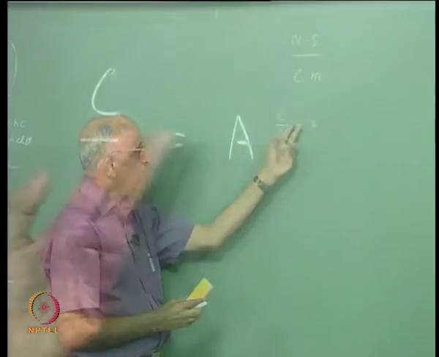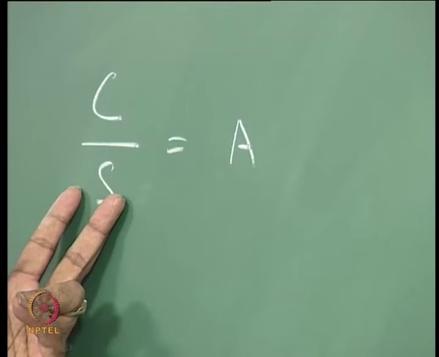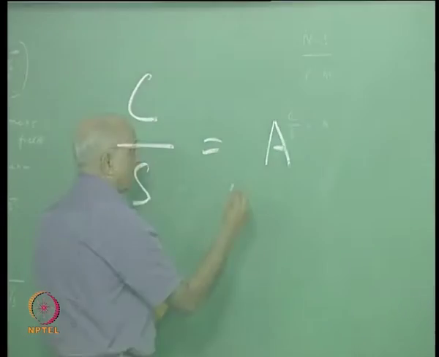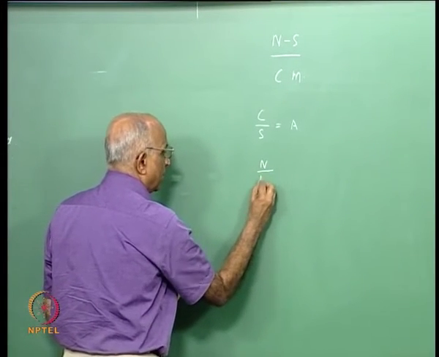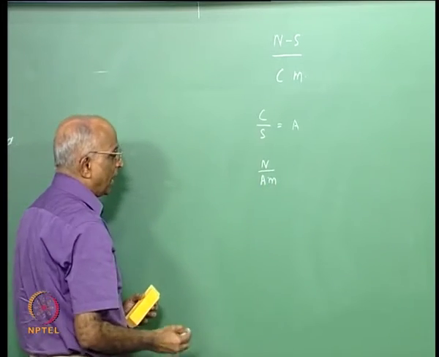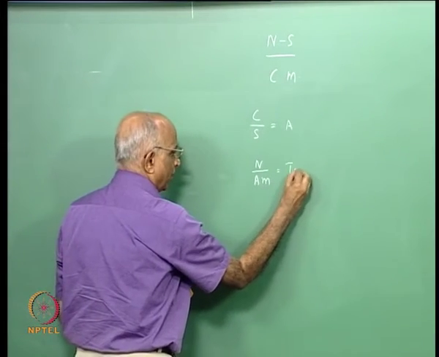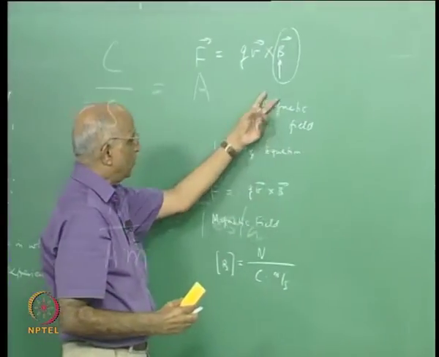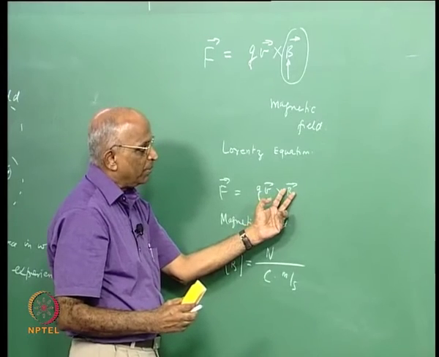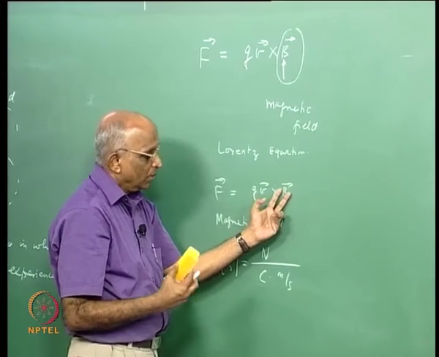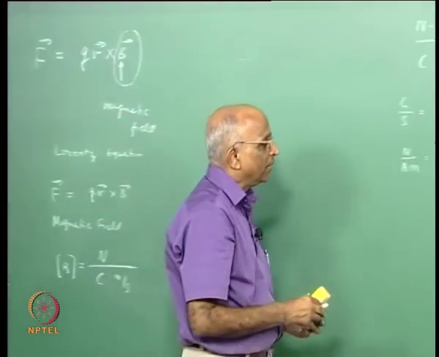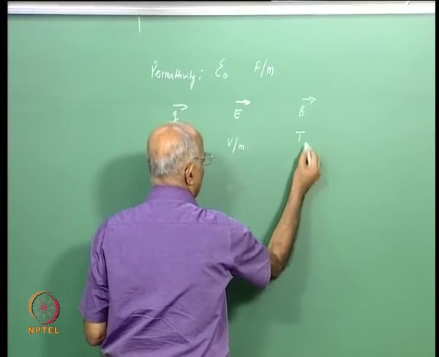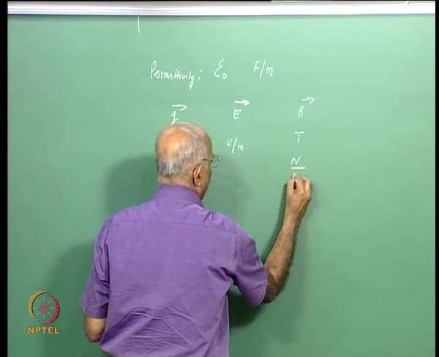It is the current, which is dq by dt, or ampere is the charge per unit time, and therefore I can write it as Newton per ampere meter, and Newton per ampere meter is called Tesla, and therefore the unit for the magnetic field B is Newton per ampere meter, which is known as Tesla, and therefore we say, well, the magnetic field is expressed in terms of Tesla, which is Newton per ampere meter.